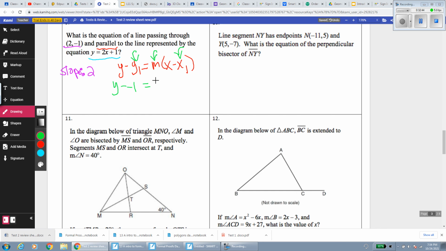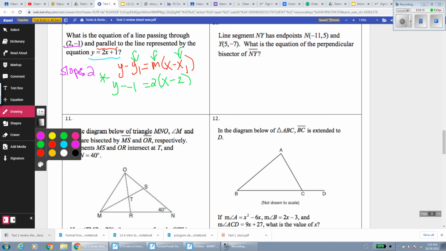The slope is 2 because remember, parallel lines have the same slope, so same slope as the original line. Parentheses, x minus the x coordinate of the point that we're using, which is 2. So you can stop right here. This is a perfectly valid equation of the line because the question doesn't say to solve for y or put the equation of the line in slope-intercept form. If the question did ask, then you would have to take it a step further and solve for y.